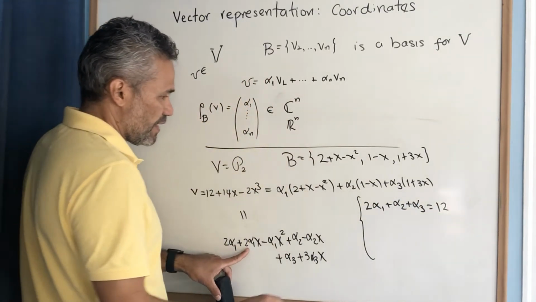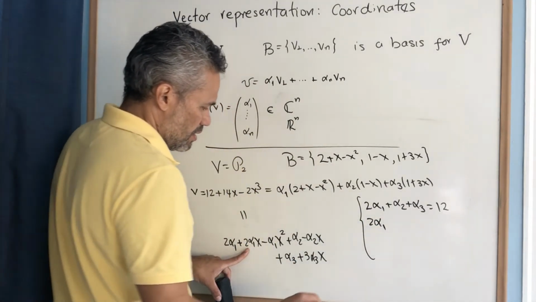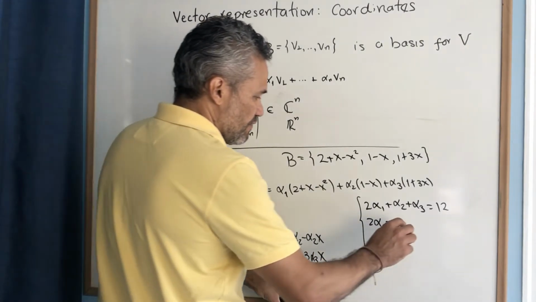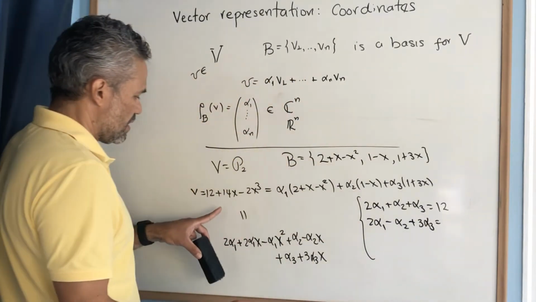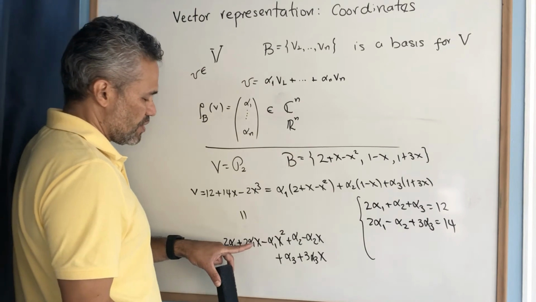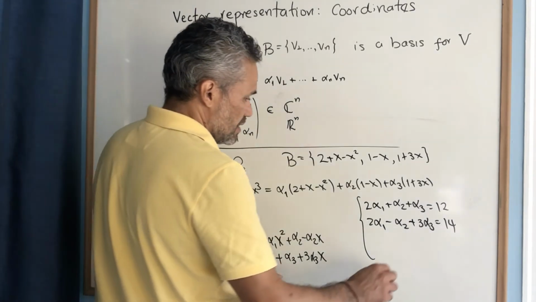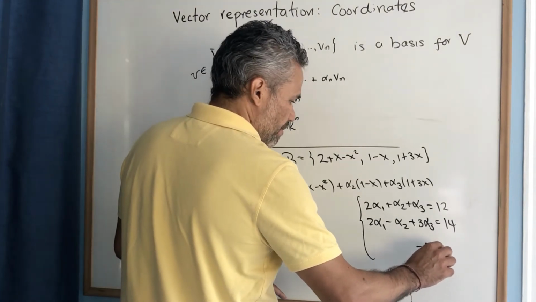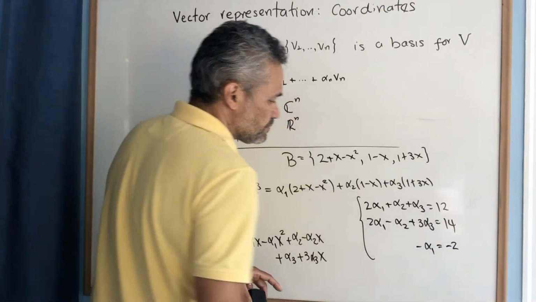And the coefficient of x, which is 2 alpha 1 minus alpha 2 plus 3 alpha 3, must be equal to 14. And the coefficient of x squared, which is negative alpha 1, must be equal to negative 2.